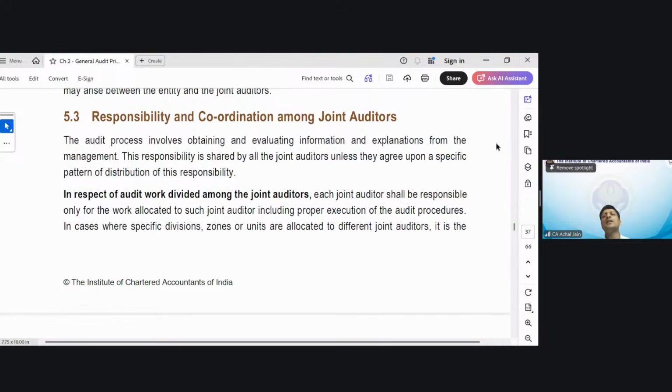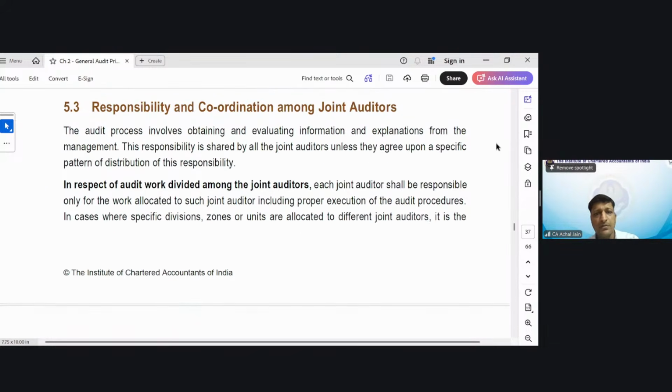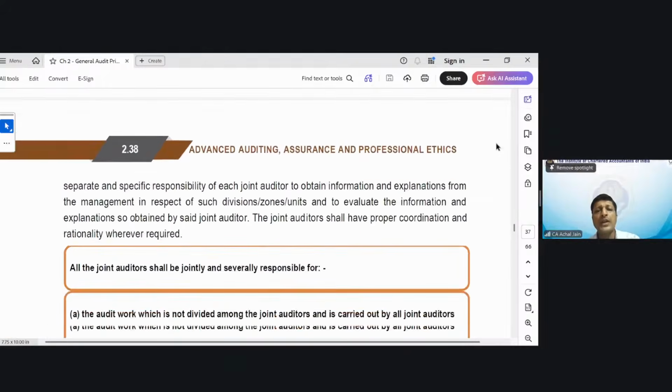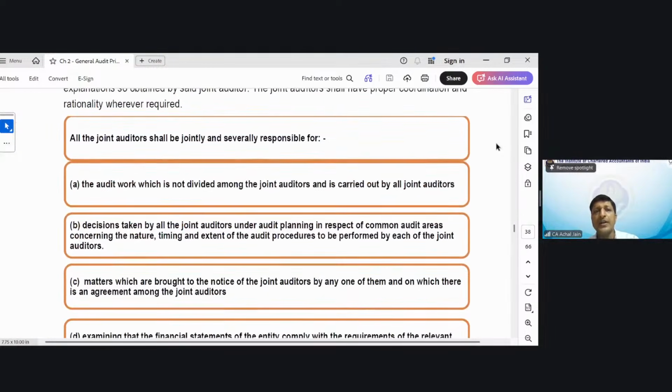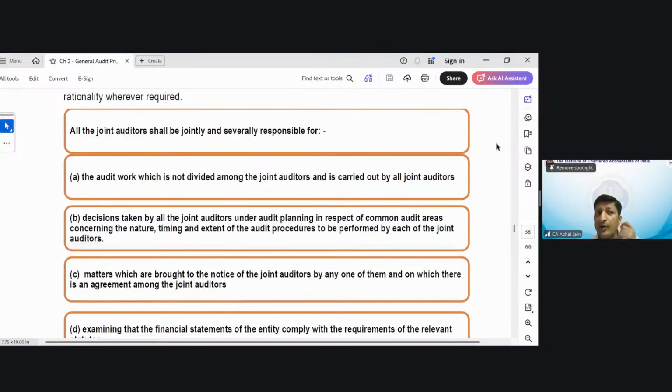That's why, in case of a joint audit, coordination by the management matters. Why? Because the common person is the management. They are forming the base for these audits to be completed. So this coordination on the part of the management plays a very important role in achieving the effectiveness and the efficiency required.